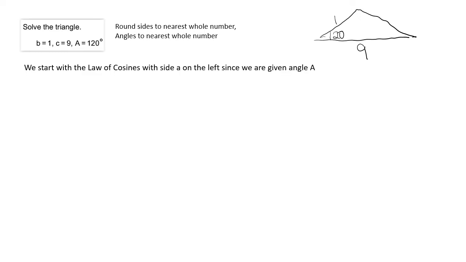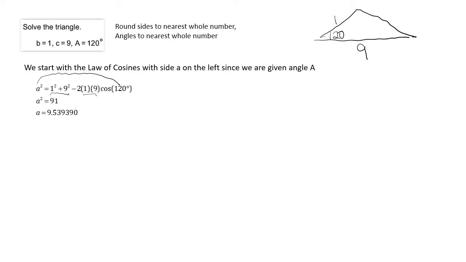Well, we start with the law of cosines with side A on the left, since we are given angle A. We have an angle with the two adjacent sides, so we're going to start with the law of cosines, and here we are. Side A, given right here, squared. Notice over here is the angle associated with A. Here are the two adjacent sides, right here and right here. So there is the law of cosines.